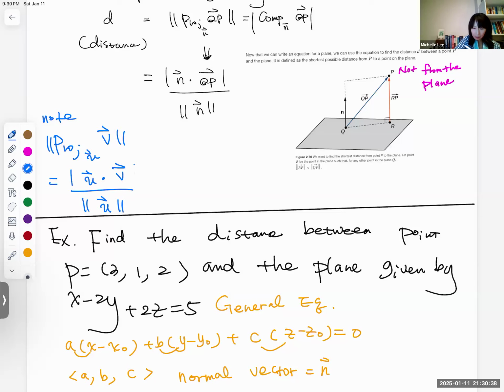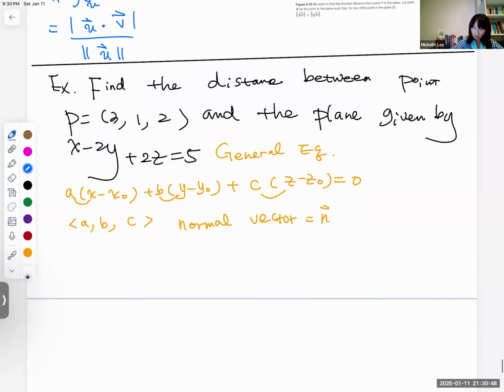So we had the absolute value. Okay, now, yeah, the coefficients of x, y, z will in that case be 1, -2, and +2, right? That's the ABC, which is the normal vector.